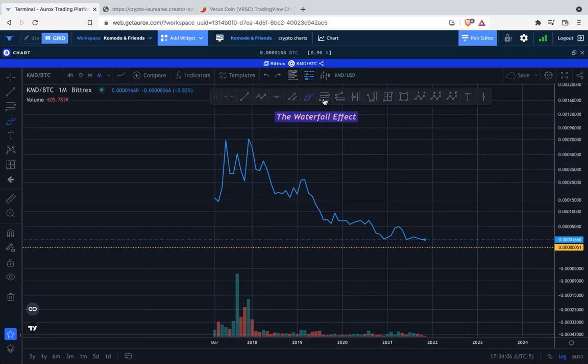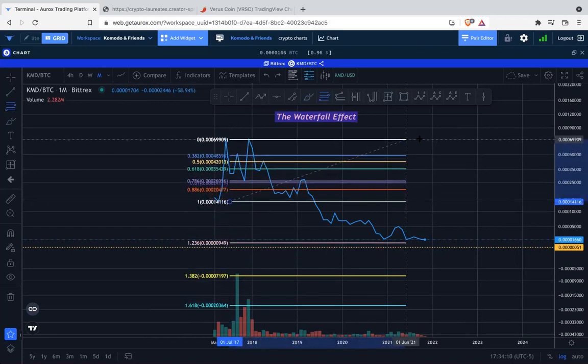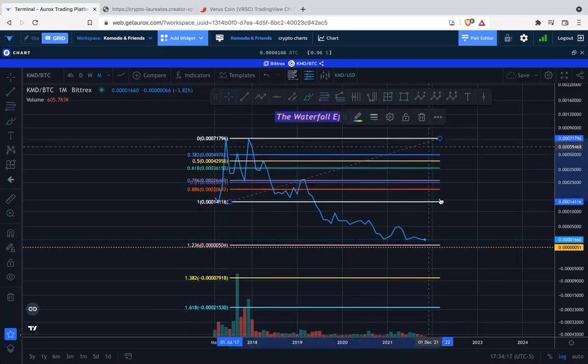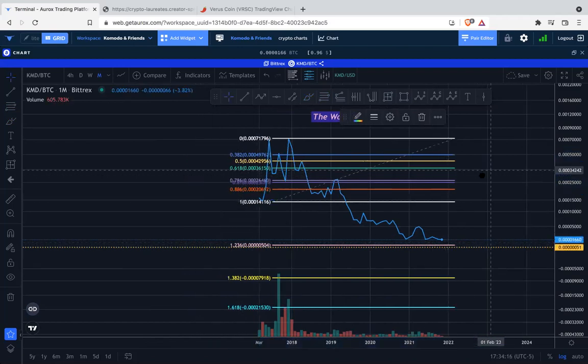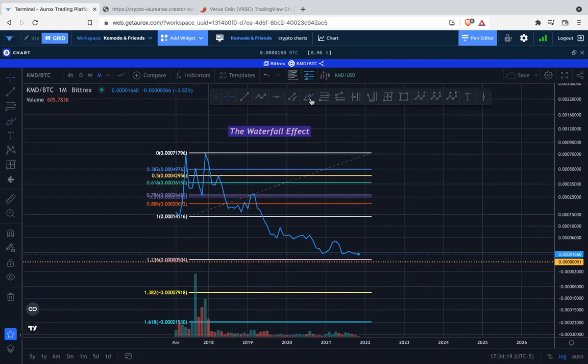So let's make sure that it's not too big and that it does make some sort of sense. We start there, we use the Fibonacci retracement tool, and we see it doesn't quite hit the 1.236 retracement. One thing that Glenn Neely says is that as long as it doesn't break beyond the 1.236, then it still has the potential to retrace the previous wave, in this case the B wave.